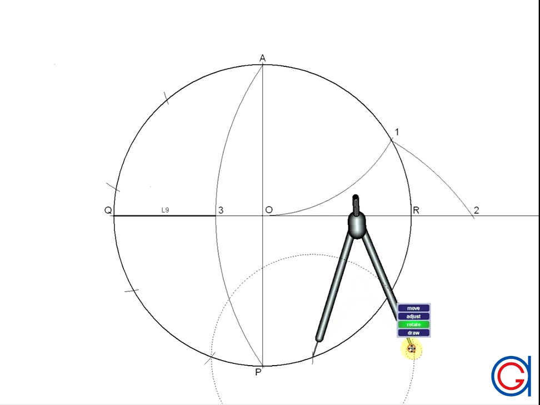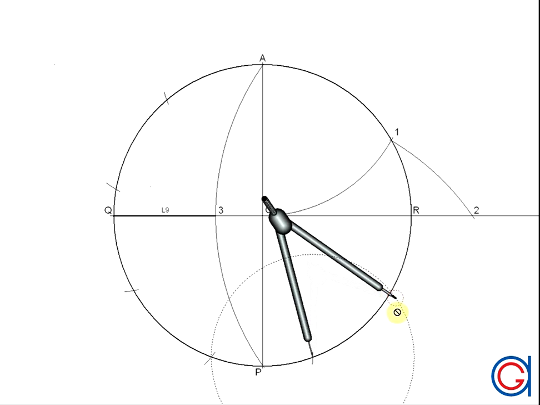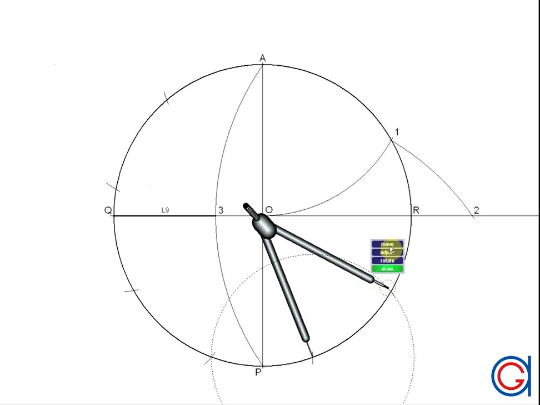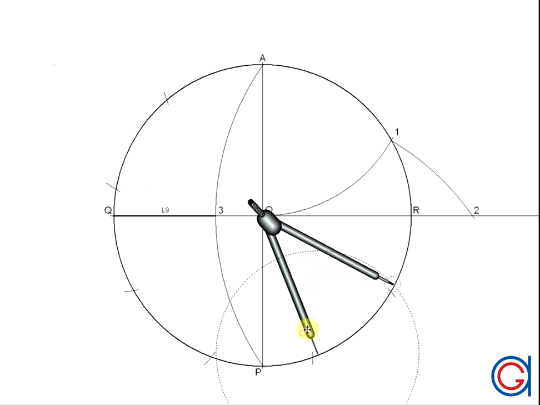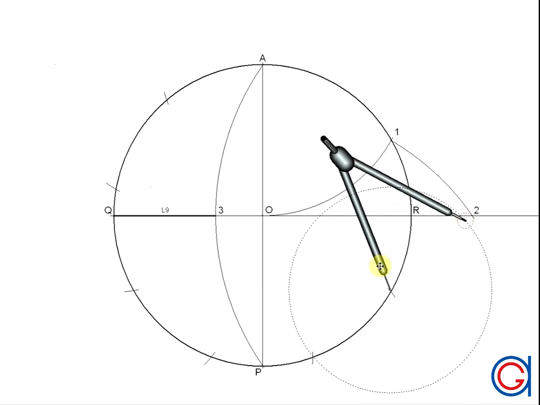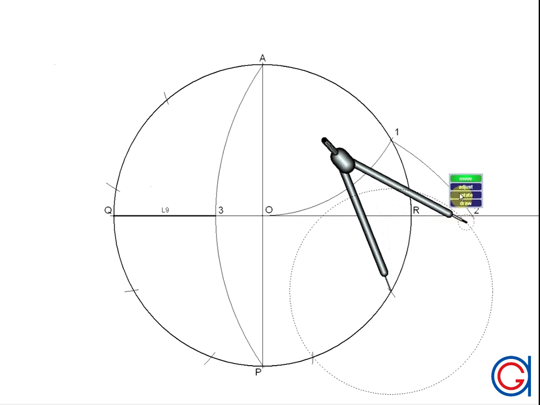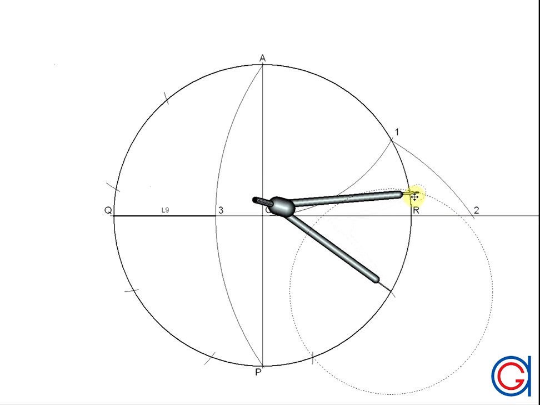Continuing the process, setting our compass on our previously scribed arc, we scribe our sixth. And again, setting our compass on our previously scribed arc, we scribe an arc to the left, cutting the circumference. It's our seventh.